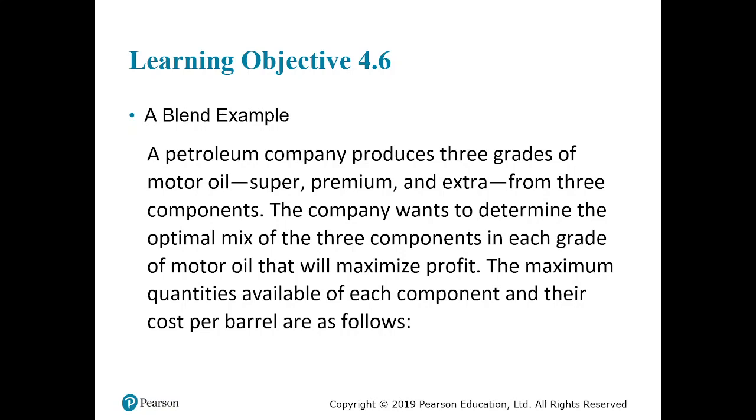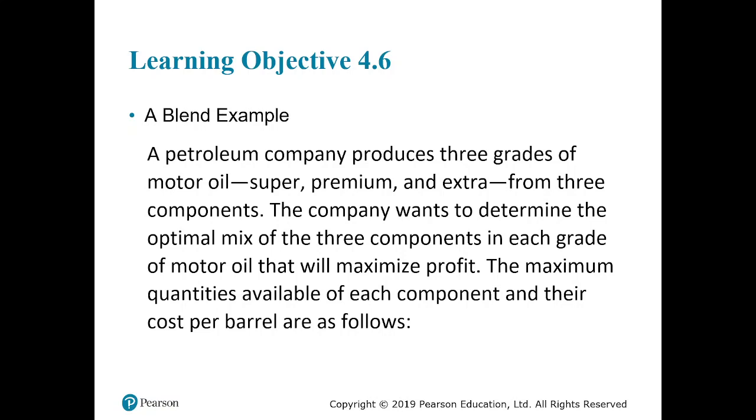So if you look at the textbook that is being given to you on page 133, to understand this problem better, we have a petroleum company which produces three grades of motor oil. So we have super, premium and extra, and each of these motor oils is made of three components. So we have component 1, component 2, and component 3.